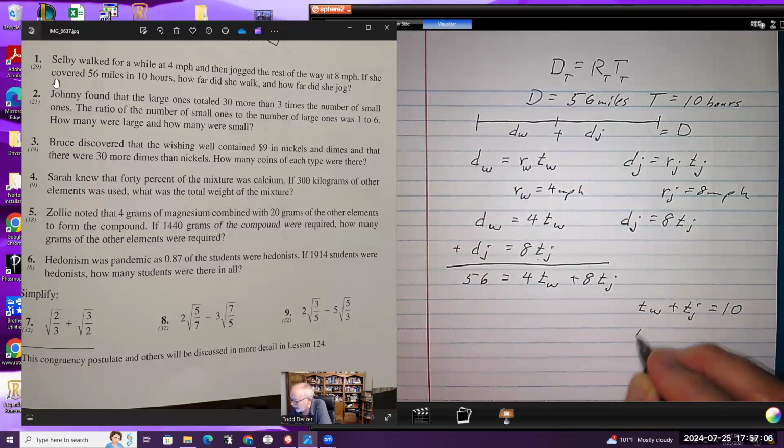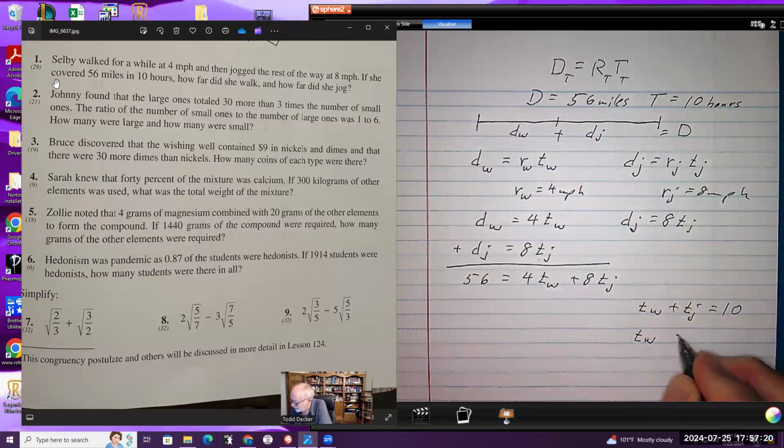Doesn't matter either way. I can solve for the time she spent walking, not in absolute terms, but as it relates to the time she spent jogging. I can subtract T sub j from both sides. And that means the time she spent walking was 10 minus however long she spent jogging.